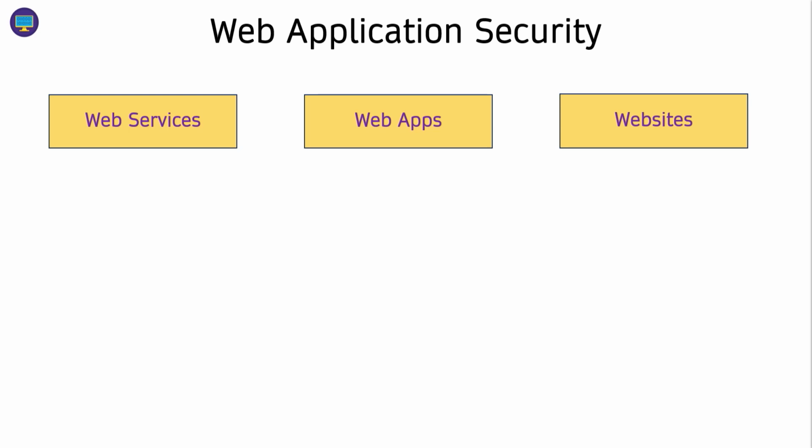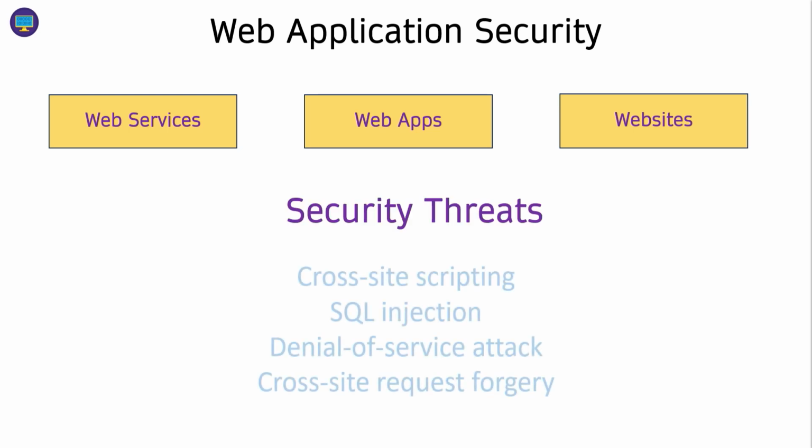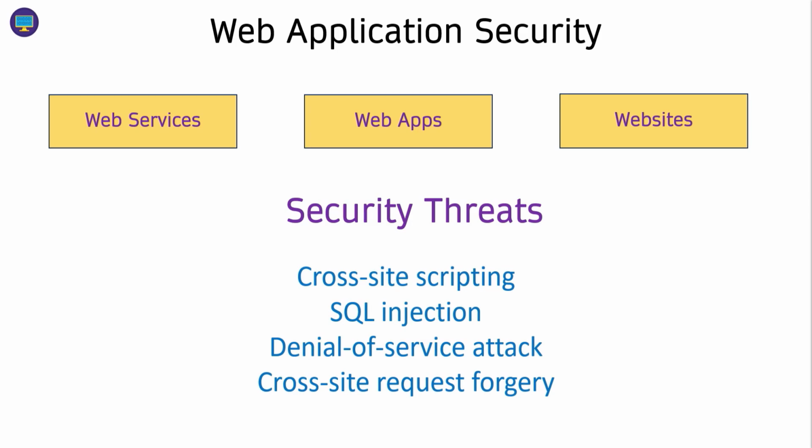And we can talk about different types of security threats. Some of the most common are cross-site scripting, SQL injection, denial of service attack, and cross-site request forgery. There are a few more, but those are the most common that you will find. Denial of service is a big one.